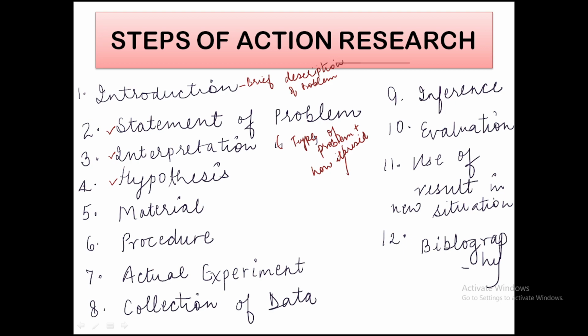Now next is materials. Materials is actually the tools, techniques which we will use during action research. The procedure is the way by which the project will be carried out, the steps the research will pass through, the people you will contact.